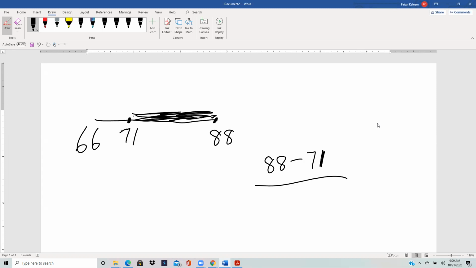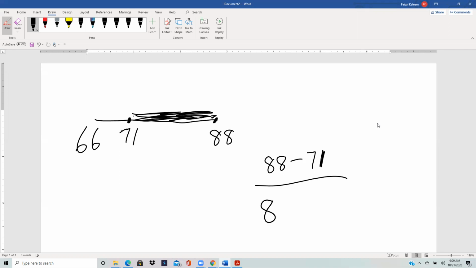Remember, the main idea is to always divide by the total. So what do you think the total is over here? 88 minus 66.